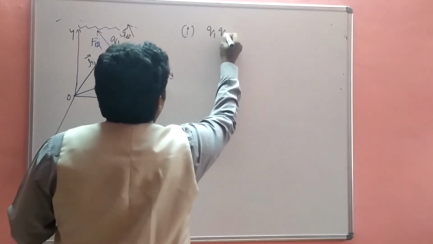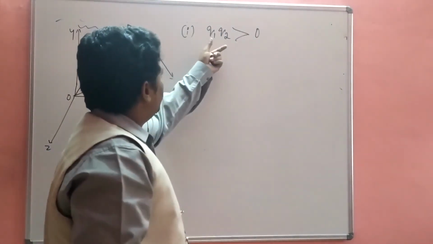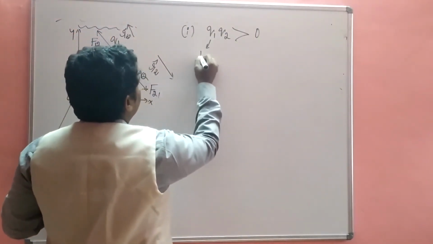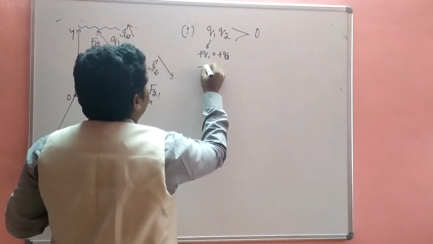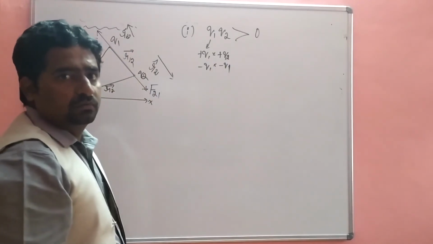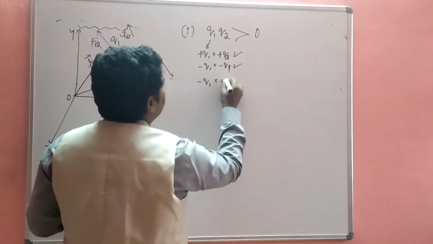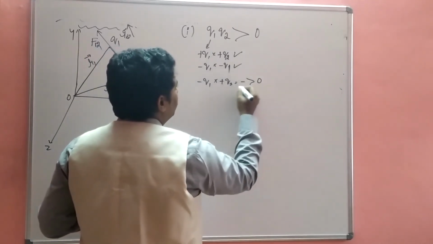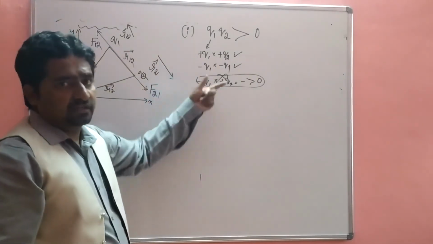If the product of Q1 Q2 is greater than 0, this means both are positive, or both Q1 and Q2 are negative. This is possible. If one is negative and the other positive, the final result is minus, which is not greater than 0, so this case is not possible. So only two possibilities are there.